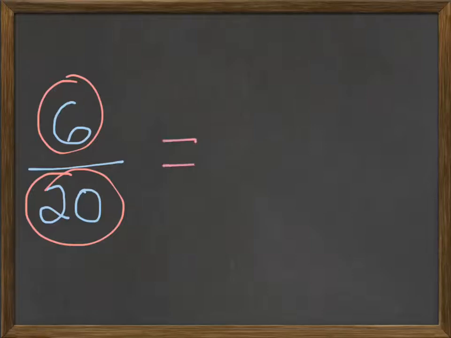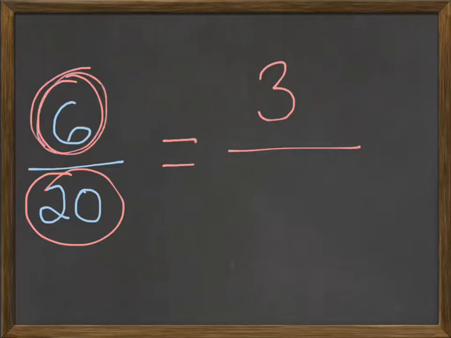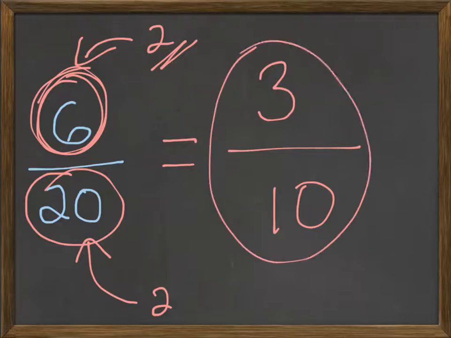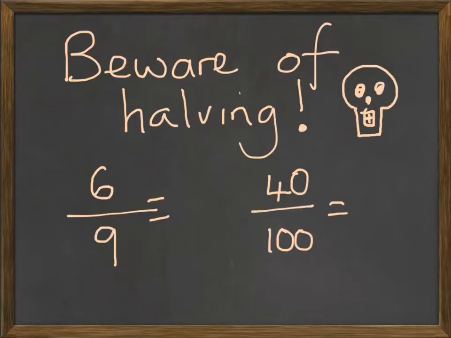Again, because it's 2, I'm halving. 2 goes into 6 3 times, and 2 goes into 20 10 times. So I've got 3/10 is the same as 6/20. Can I cancel this fraction down any more? Well, no, because there's no number that goes into both 3 and 10.